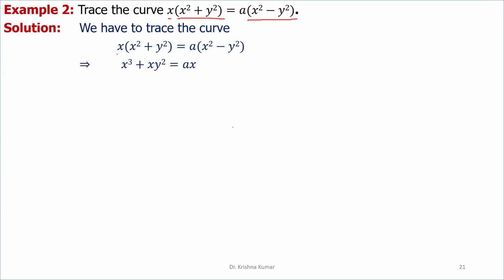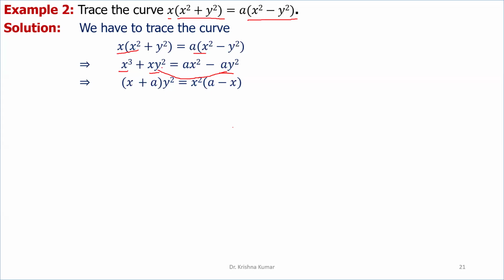So x into x square is x cube, plus xy square, which is equal to ax square minus ay square. Now we take y square to this side.